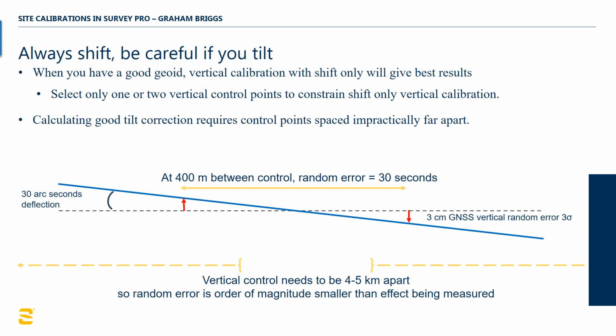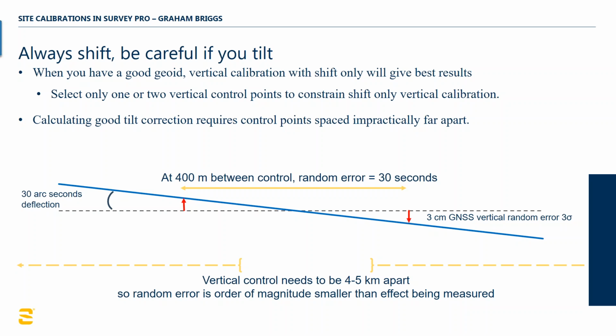When you calculate an inclined plane vertical calibration, you are essentially picking a tiny slice of that deflection, assuming one surface is the ellipsoid, and the other straight surface is the representation of a little slice of the geoid in that area. And when you use your measurements to do that inclined plane transformation, you're essentially trying to calculate the deflection of the vertical. Well, here's the rub, here's the problem.